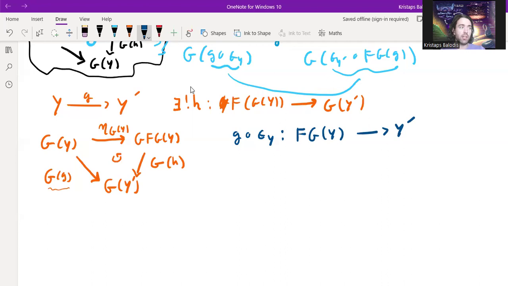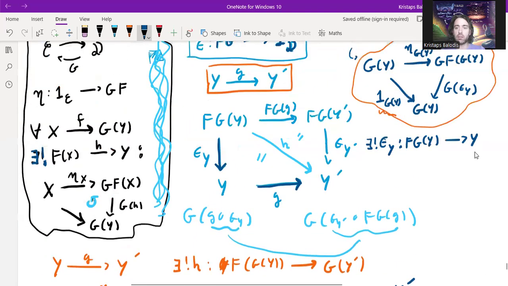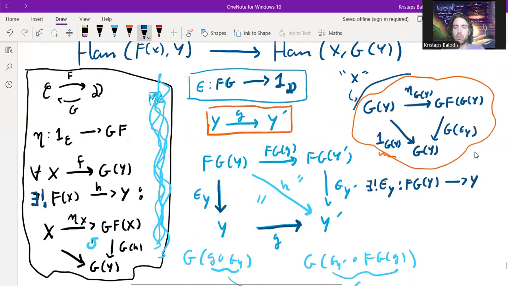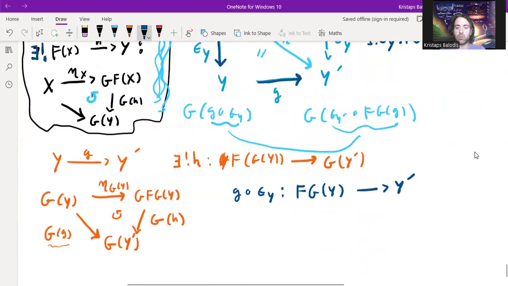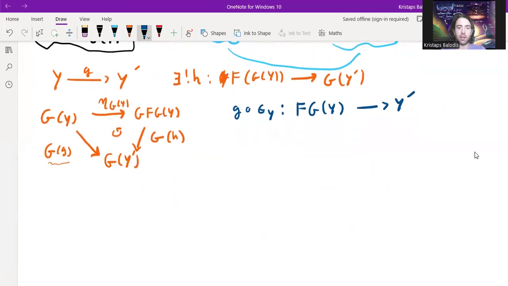But by the defining diagram of epsilon y, right? We go back up here, we look at this diagram that defined it, written out symbolically. That diagram says that the identity on Gy is G of epsilon sub y composed with eta sub Gy.